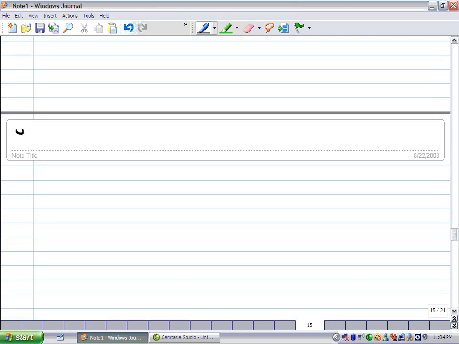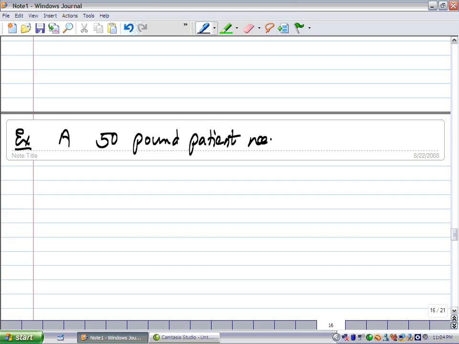Okay. Similarly, a 50-pound patient needs 3 milligrams of a certain drug.